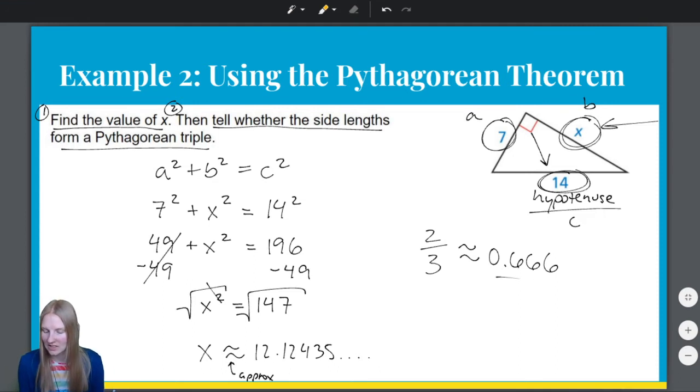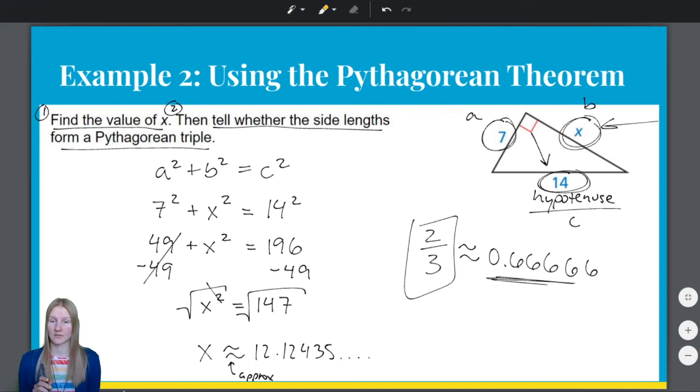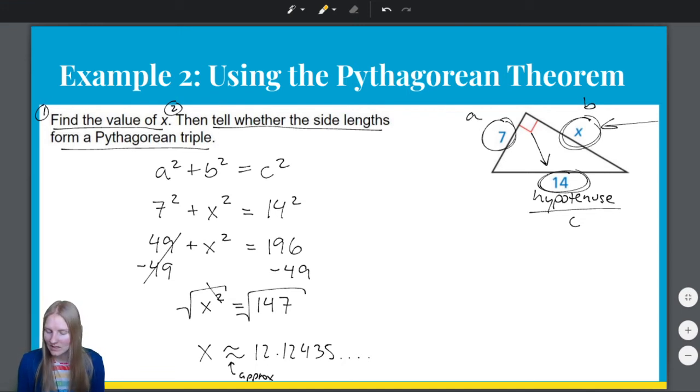But that's not an exact answer. If you told me 0.66666, that's not an exact answer. 2/3 is the exact answer. But you can simplify fractions. In the same way that we can simplify fractions, we can sometimes simplify radicals.